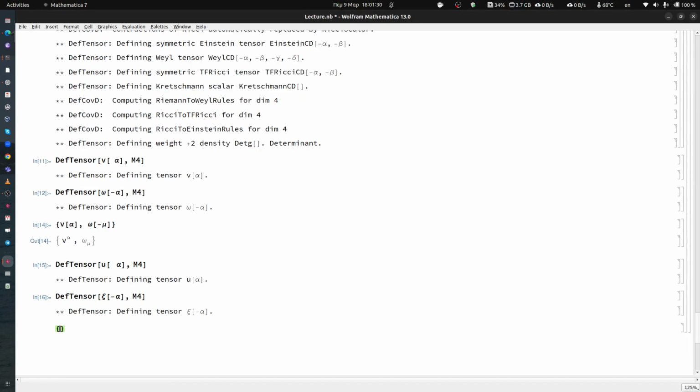So let's write some expressions here involving those tensors.